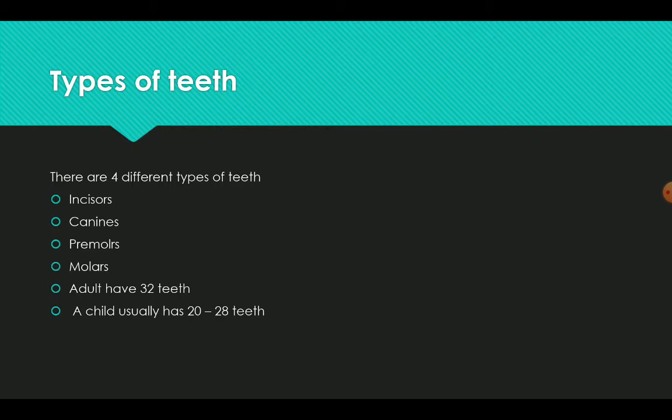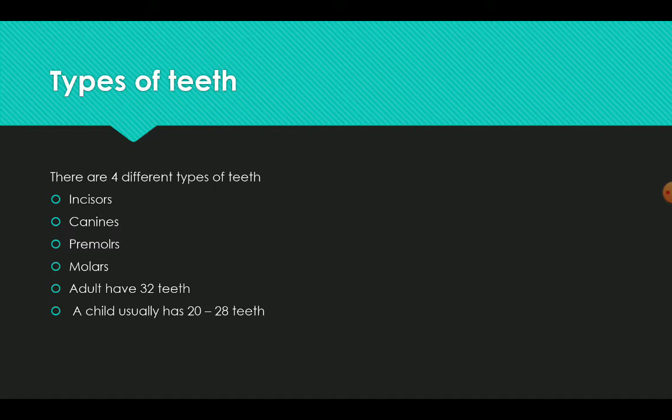Now, human teeth develop in 2 sets. The first is the milk teeth, the temporary teeth, consisting of 20 teeth: 8 incisors, 4 canines, 8 molars only, and they appear in young children. Now, as you can hear, there are no premolars in a child.